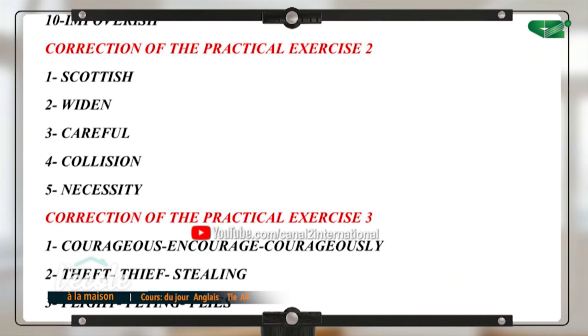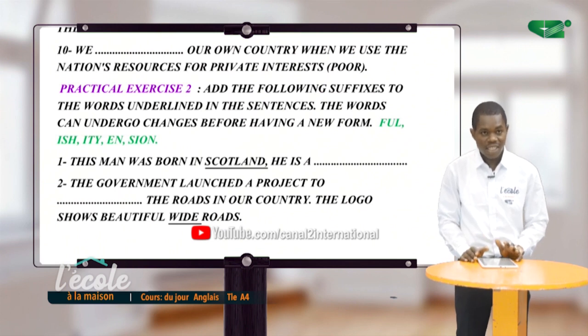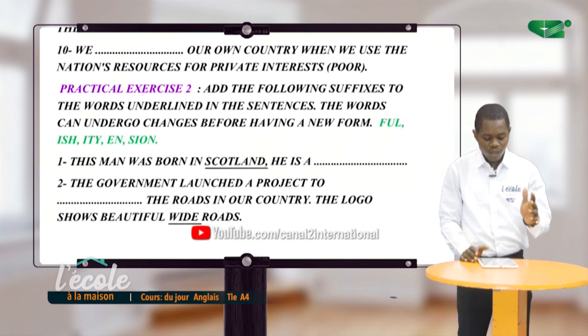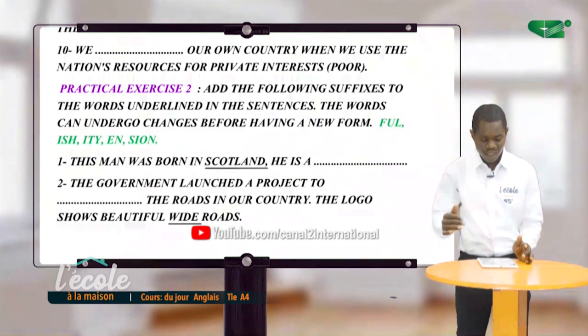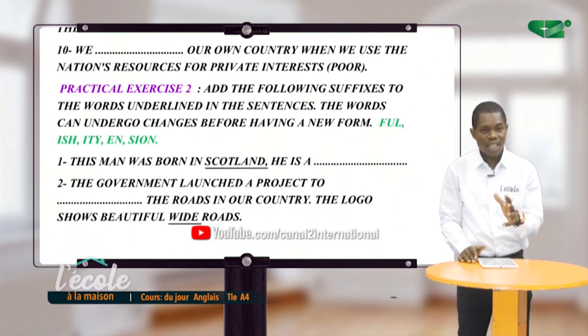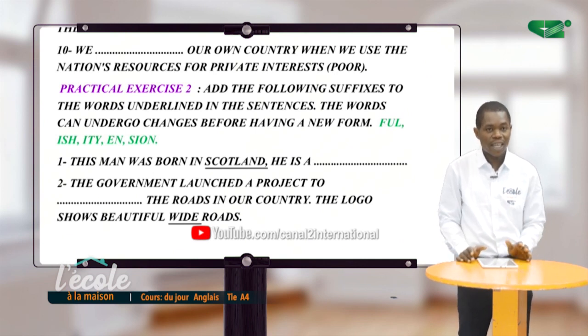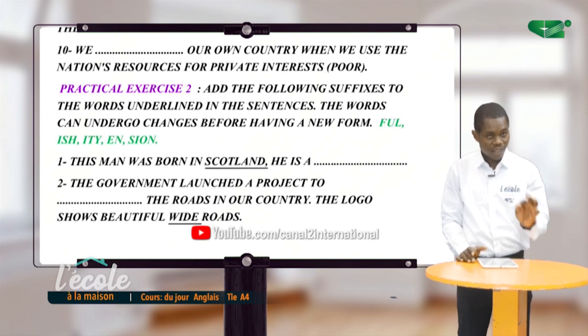We described the nationality of the man concerned in the sentence. So, this man was born in Scotland. He is Scottish. You can consider the word Scottish as an adjective because we are trying to qualify the origin, the nationality of the man.